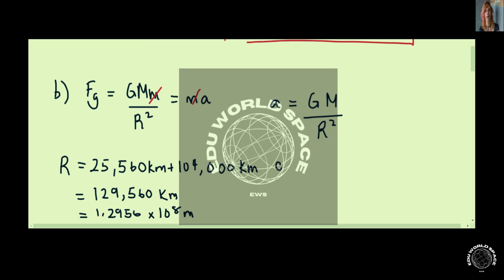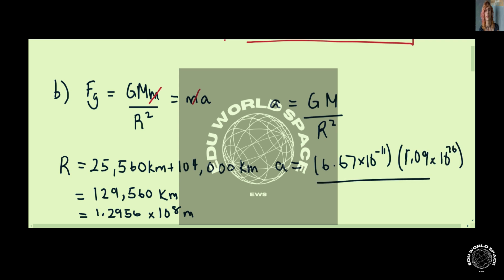Okay, so now that we have that, we can just go ahead and plug everything in using that newly found mass that we discovered, 1.09 times 10 to the 26, and dividing by that radius squared.